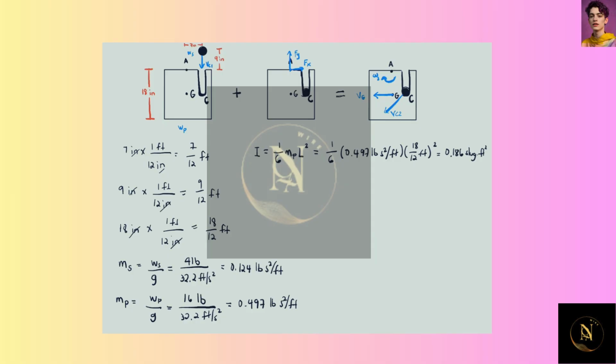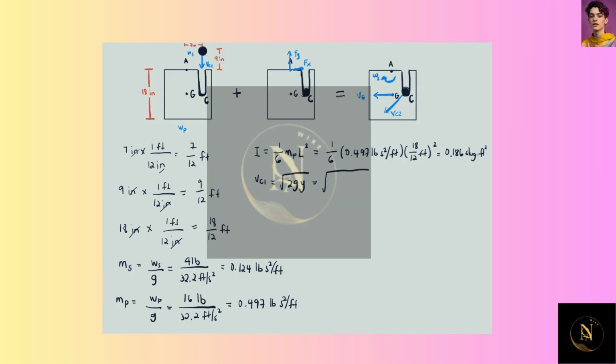And then lastly, we can also calculate the velocity Vc1 of the sphere before impact. Since it's dropped from a total height of 18/12 feet, and there's no initial velocity, our equation is the square root of 2gy, where y is the height from which it was dropped.